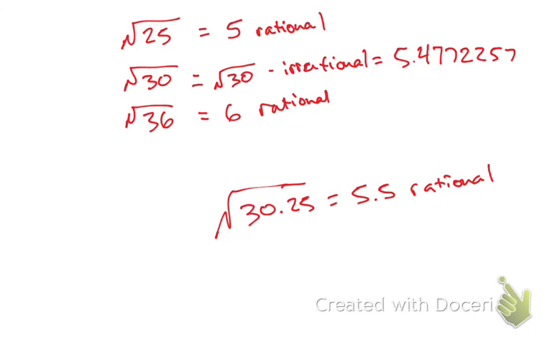So be careful. Just because it's not a perfect square doesn't automatically mean that it is not rational. Although it's probably likely, it doesn't necessarily guarantee that. So just be careful not to make that mistake.